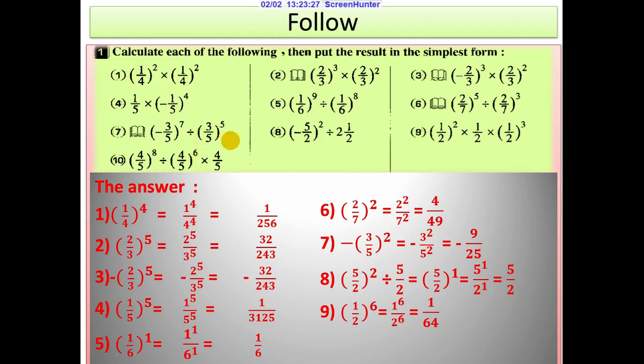And the last one, the power here is equal to 1, so it will be 2 plus 1 equals 3. It will be (4/5), we subtract 8 minus 6, plus 1. It will be equal to (4/5) raised to power 3, and by doing the previous steps, finally the answer will be 64 over 125.